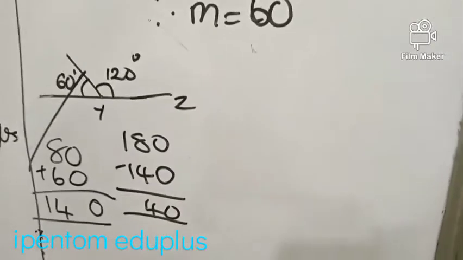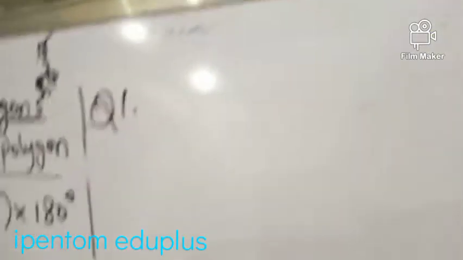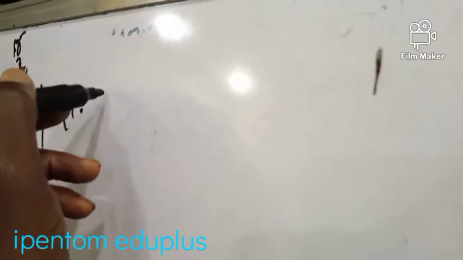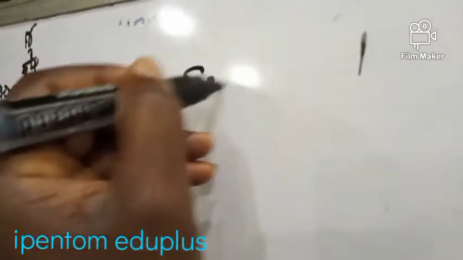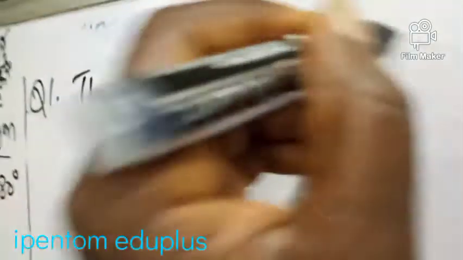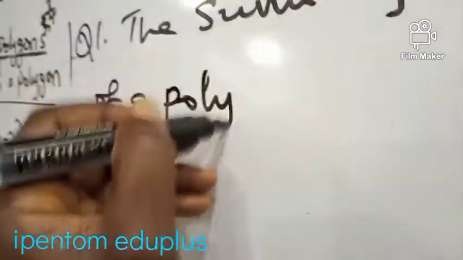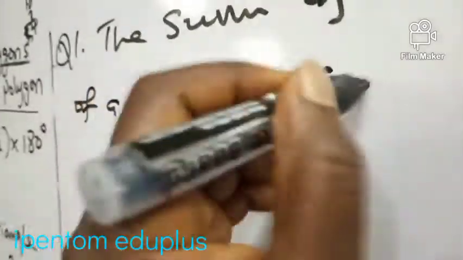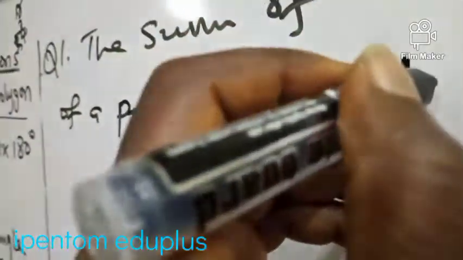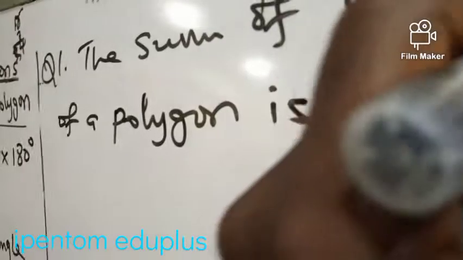The question we want to look at now: the sum of angles of a polygon is 1080 degrees.